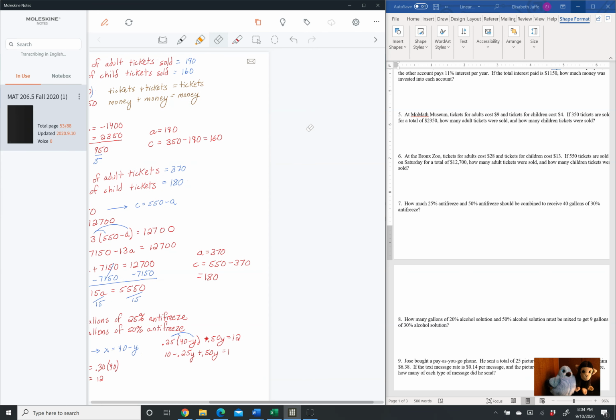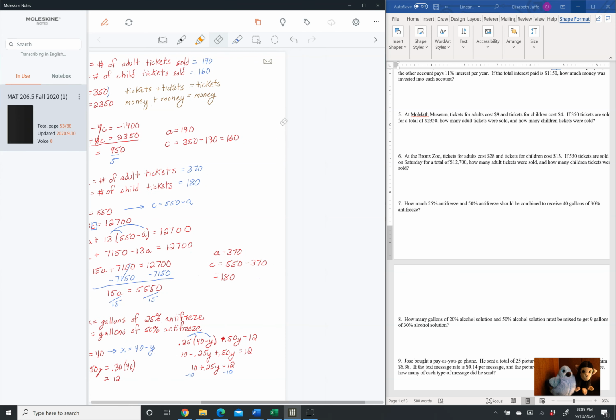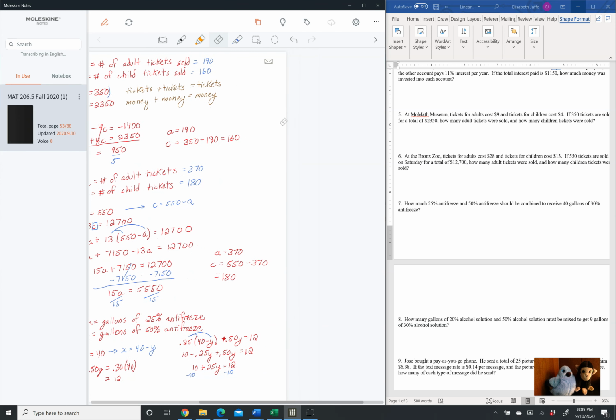Okay, we can subtract 10 from both sides. We get that 0.25y is equal to 2, and we divide both sides by 0.25.